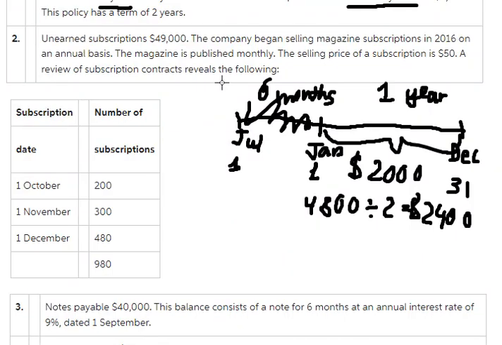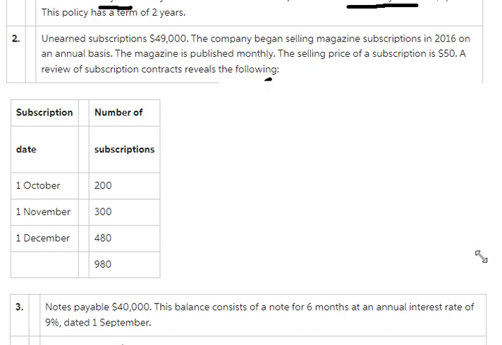Question number 2 is about unearned subscription revenue. We know that the total is about 49,000, but the price for one subscription is about 50. In this case we can see that they start at 1st October.